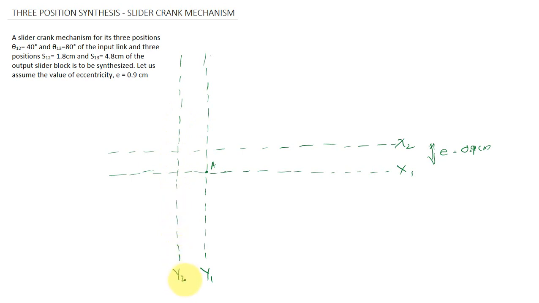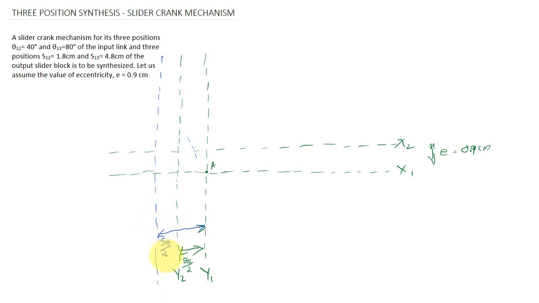So this is y2 and the distance between them is equal to S12 by 2. So next you are going to mark the line y3, which is at a distance of S13 by 2. So this distance is equal to S13 by 2.